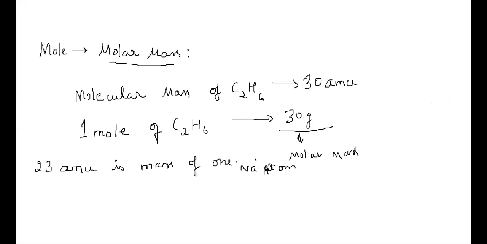If 23 AMU is the mass of 1 sodium atom, then 23 gram is the mass of 6.02 into 10 raised to 23 atoms of sodium. So either way is right.